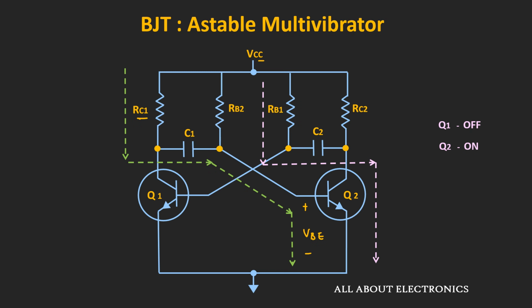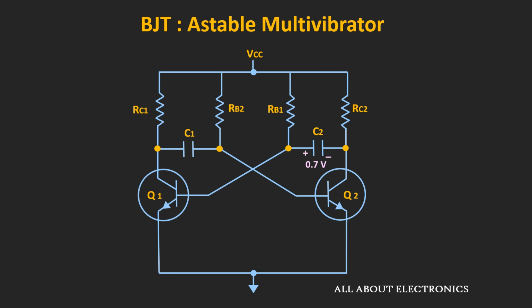So here, as soon as this capacitor C2 charges up to 0.7 volt, then the transistor Q1 will start conducting, because this voltage will directly appear at the base of this transistor Q1. So eventually it will go into saturation, or we can say that this transistor Q1 will become on, and due to that it will act as a short circuit.